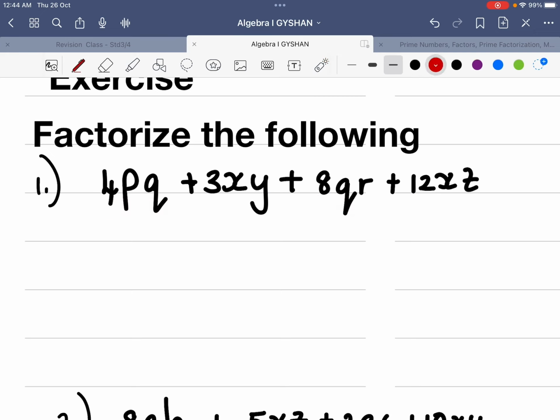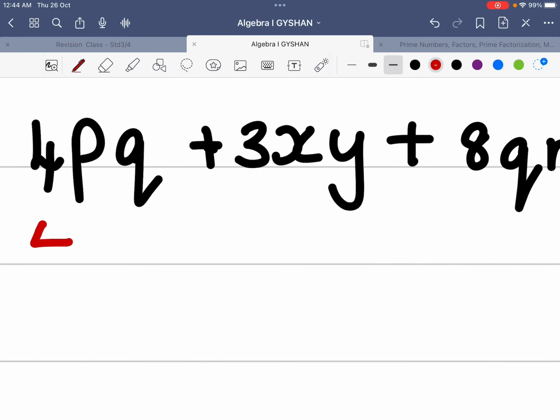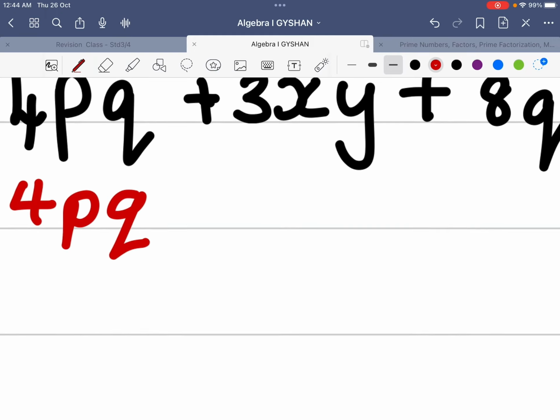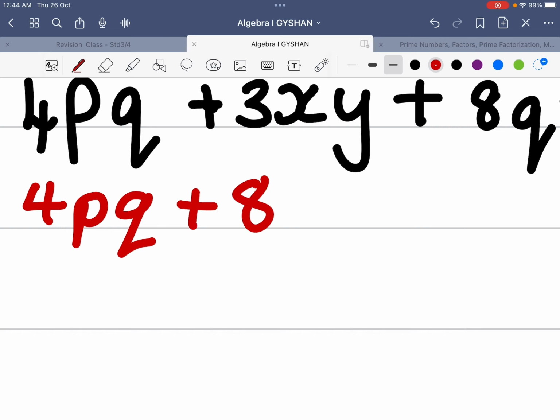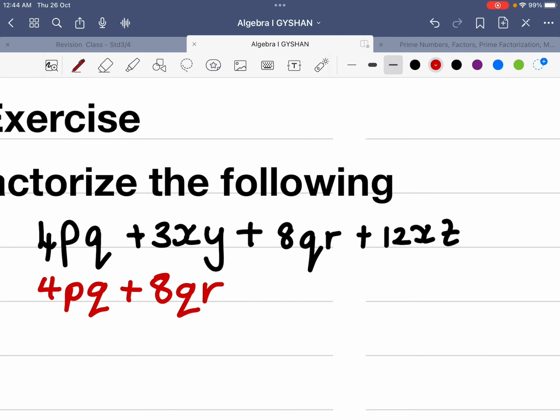So we will group those together. 4pq plus 8qr, and likewise 3xy and 12xc has common factors. Alright, 3 can go into both 3 and 12, and x can go into both xy and xc.